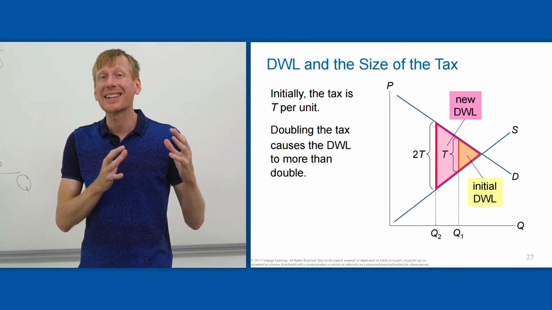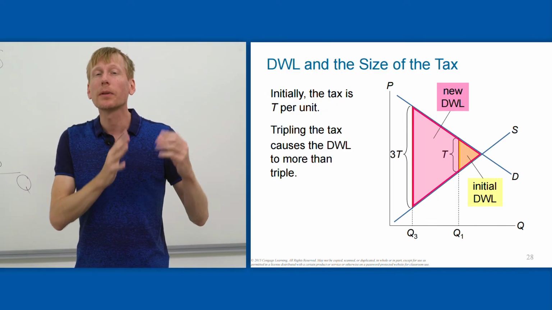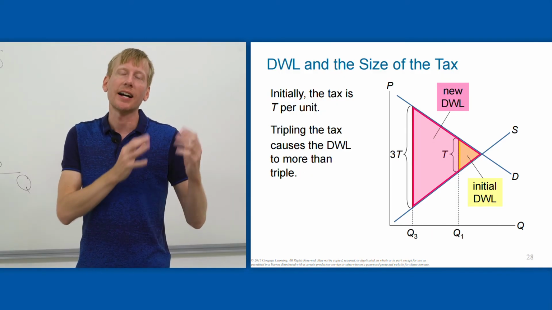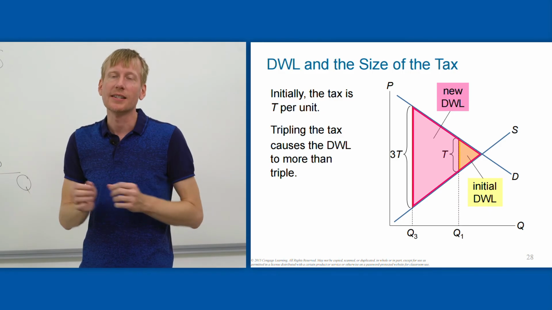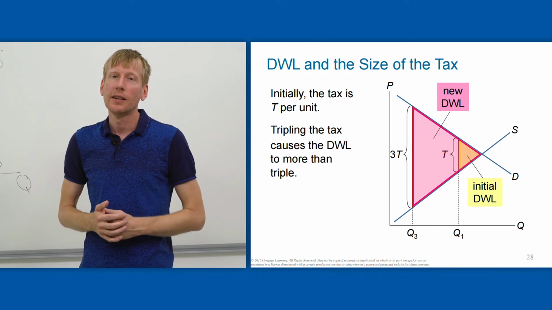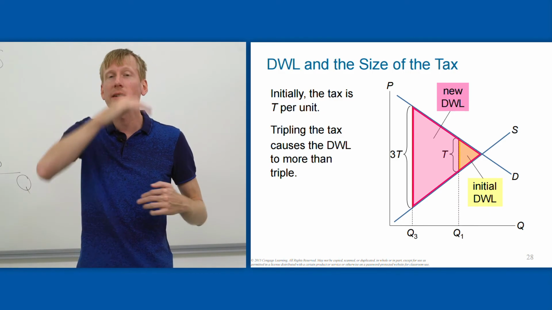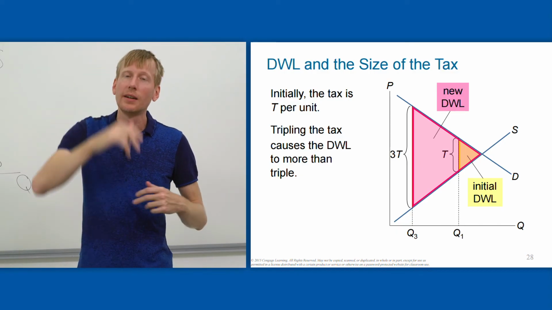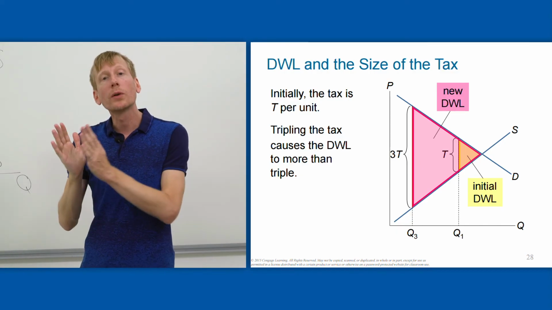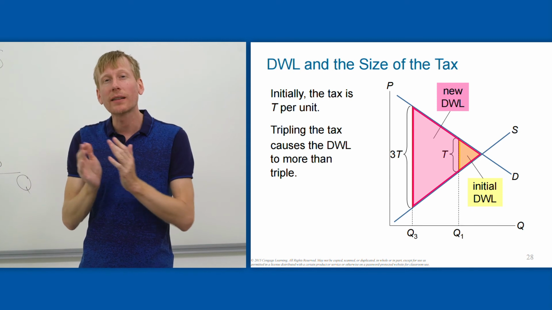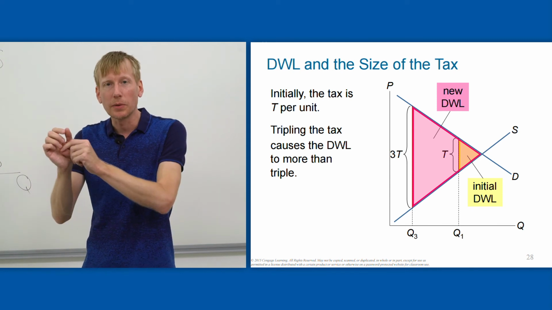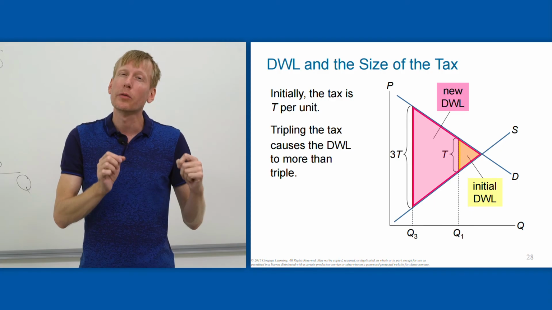If we increase our tax still further, now to triple our original tax, 3 times T, or 30 instead of 10 or instead of 20, we'll increase that wedge between supply and demand even further. Now the wedge is equal to 30. We're going to see a further decrease in the quantity that we buy and sell in this market, from Q1 to Q2, now to Q3.